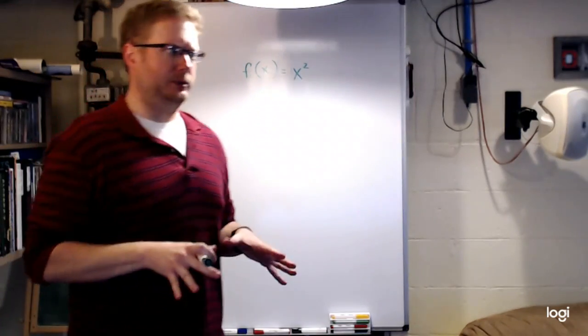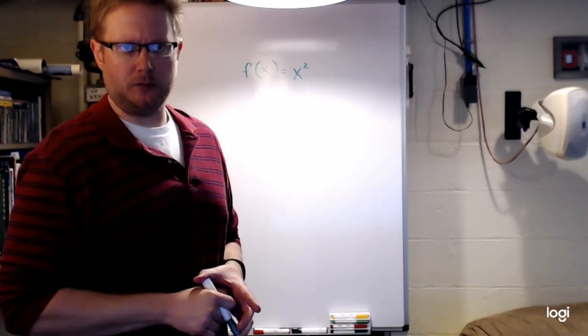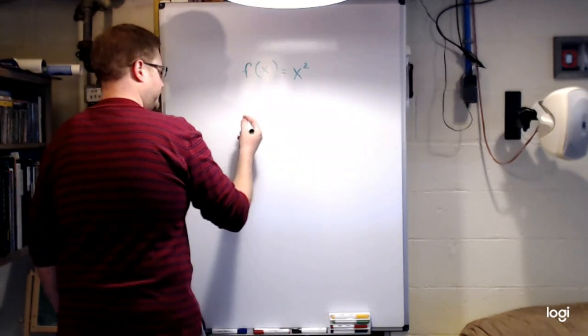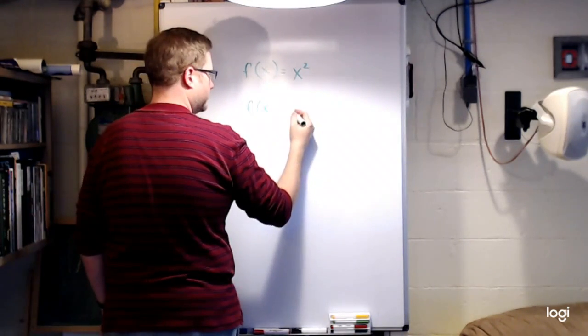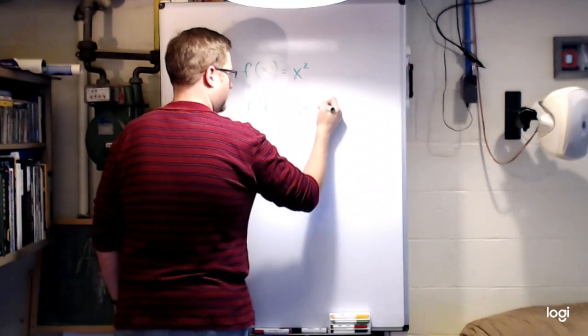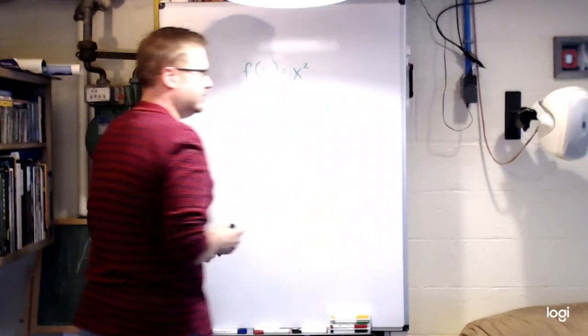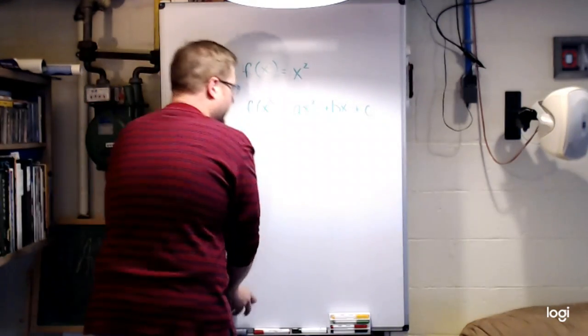It's the most simple, basic form of a quadratic equation you can get, but it's not standard form. Here's standard form. It's f of x equals ax squared plus bx plus c. Okay? Well, what the heck does all that mean?